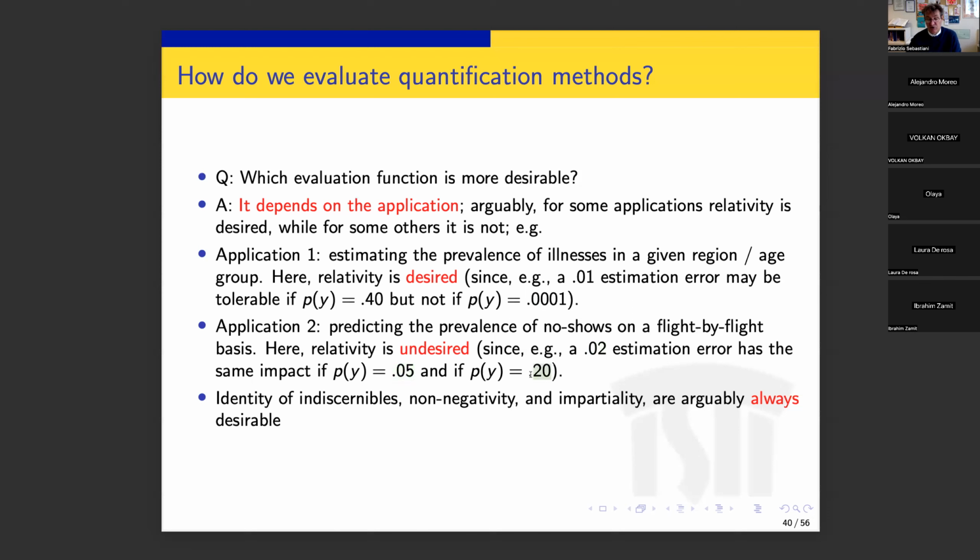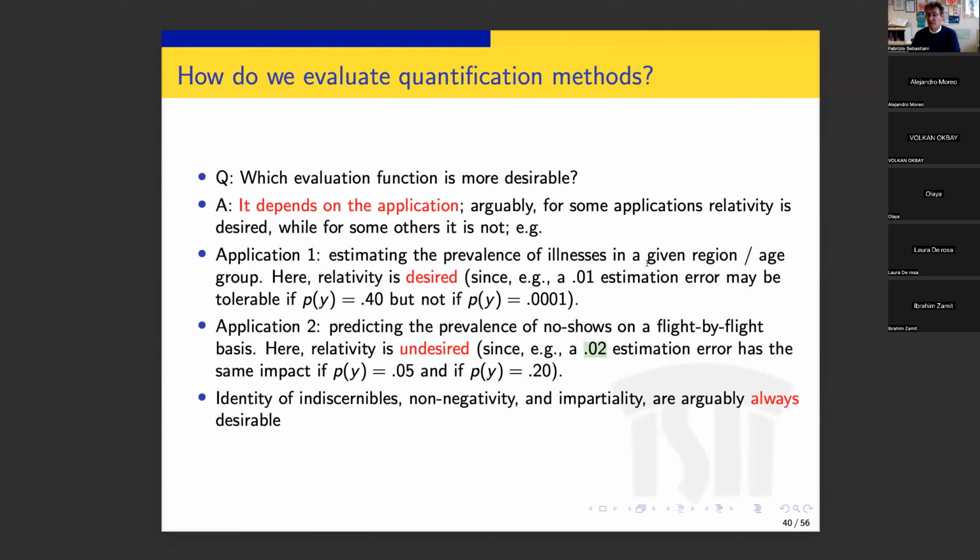Here, there are going to be 20 people who don't show up. If you make a 0.02 estimation error, it means that you missed the goal by 2 people. So is it more important in this case or in this other case? It's the same, because it's always 2 people. It's 2 tickets that you might have sold, or 2 tickets that you should have avoided selling. So in this case, relativity is undesired.